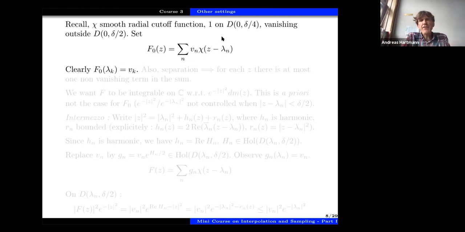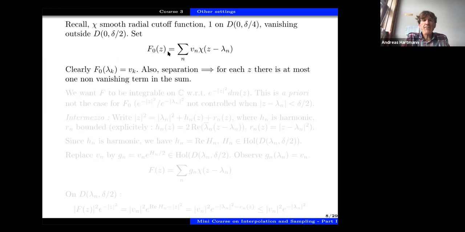I've used here the separation condition. By separation, the sum is reduced to only one term for each z. If I compute at lambda k, I have only the term in lambda k, so I get vk. This is no problem. So I have interpolation.